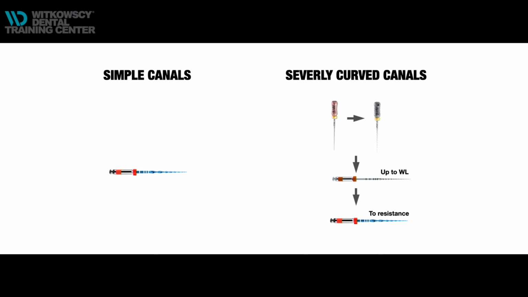And of course, you are not reaching this apical zone in one move. You are trying to get it in several moves, irrigating in between. So don't forget about irrigation, put as much fluid as possible, and of course, scout it with the mechanical file.